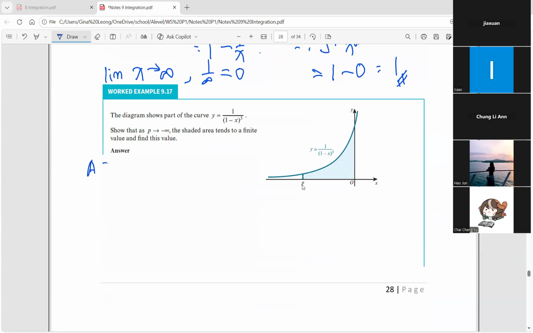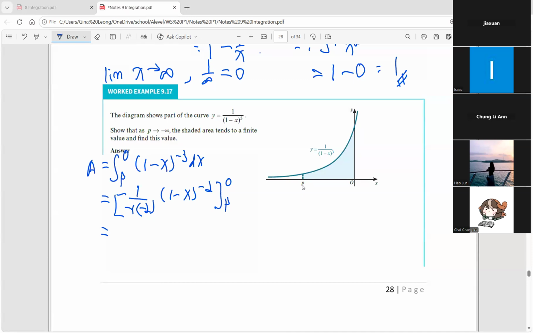Okay, area. This one is big, this one is small. Remember, big on top, small on the bottom. So I change it first. Then now we can start to do the integration. What I get is 1 over, this one is -1, -2, so -2, from p to 0. Then here I simplify.